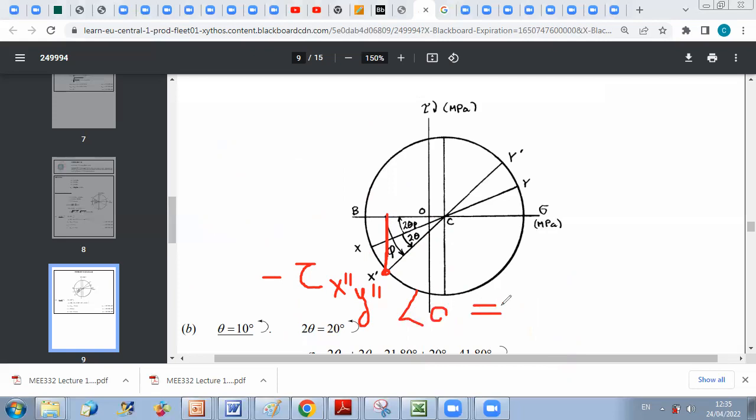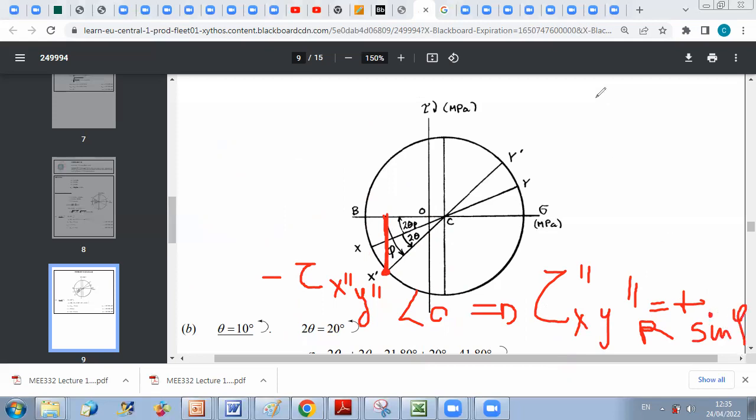This means that tau x second y second is positive here and is equal to plus this distance, and this distance is R sine phi. So here you have positive tau x second y second, which is equal to plus R sine phi.